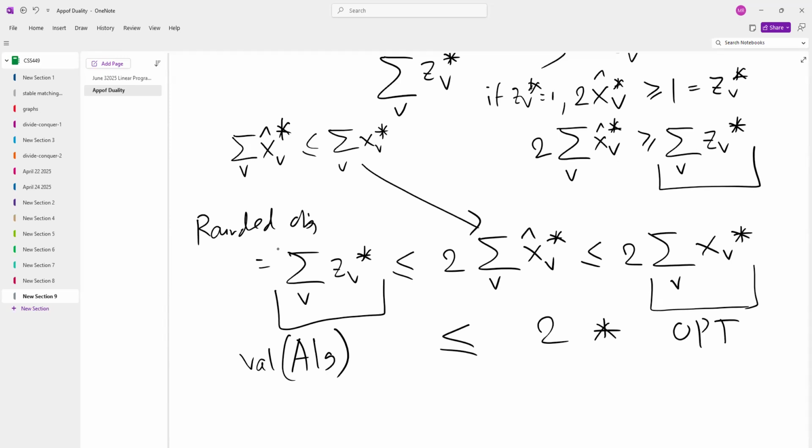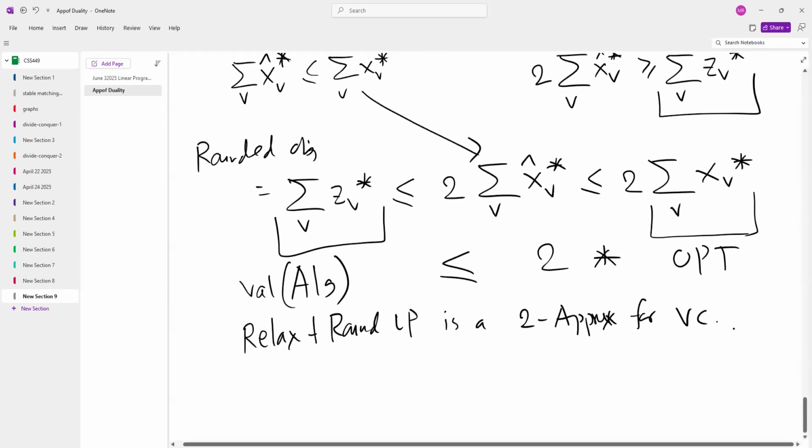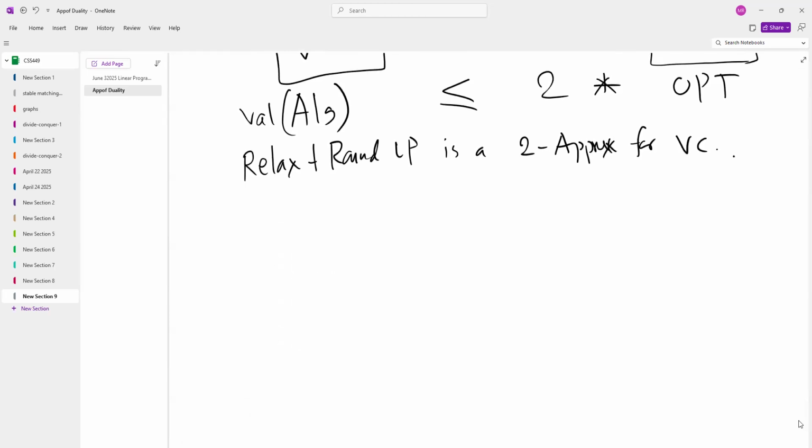If optimal is 3, then I'm going to be at most 6. So LP relax and round is a 2-approximation for vertex cover. So you see that once you know linear programming, you do the relaxation and then you get a nice approximation.